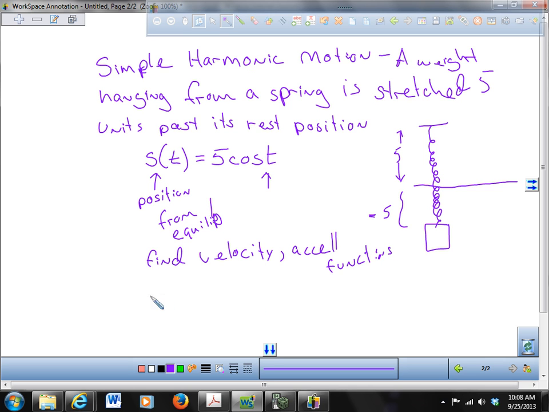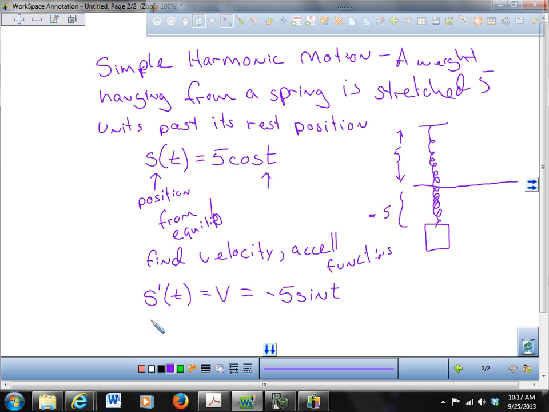What's the velocity equation? s prime of t is going to be equal to the velocity, which is negative 5 sine of t. Do you guys understand that? Because the derivative of cosine is negative sine, times 5 gives you negative 5 sine of t.